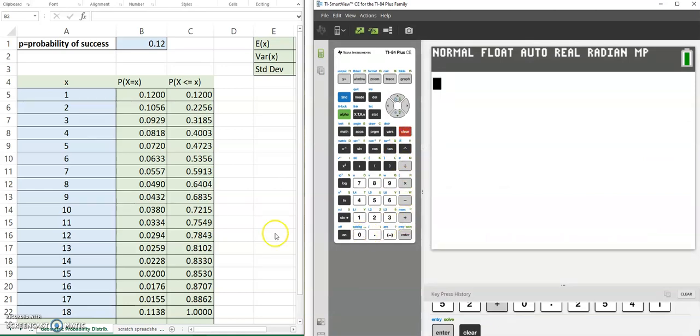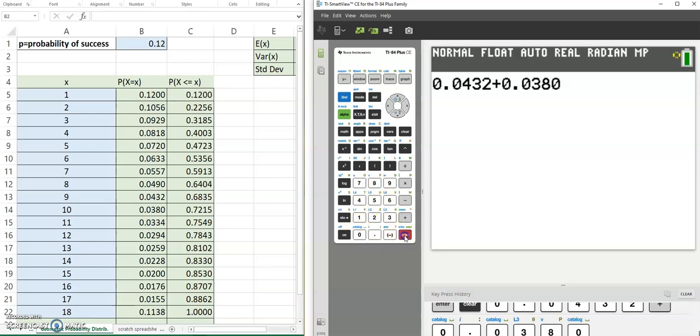So now if we add the probability of getting 9, which is 0.0432, plus the probability of 10, which is 0.0380, we get 0.0812.